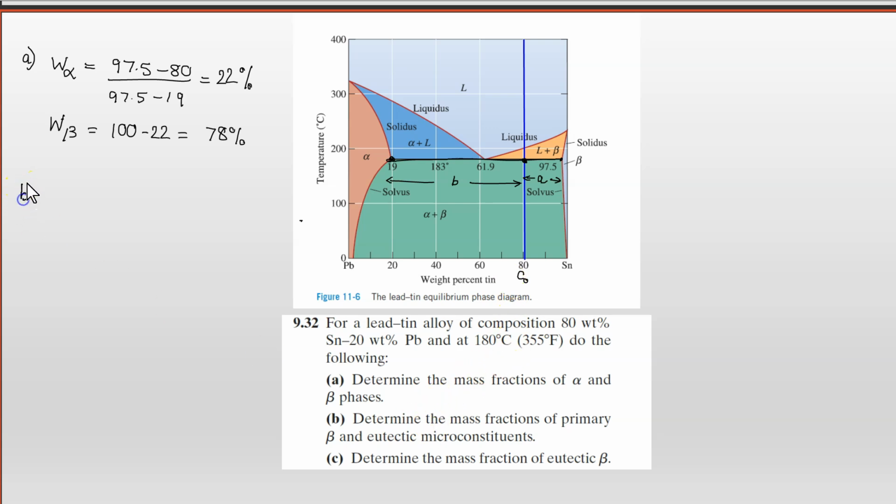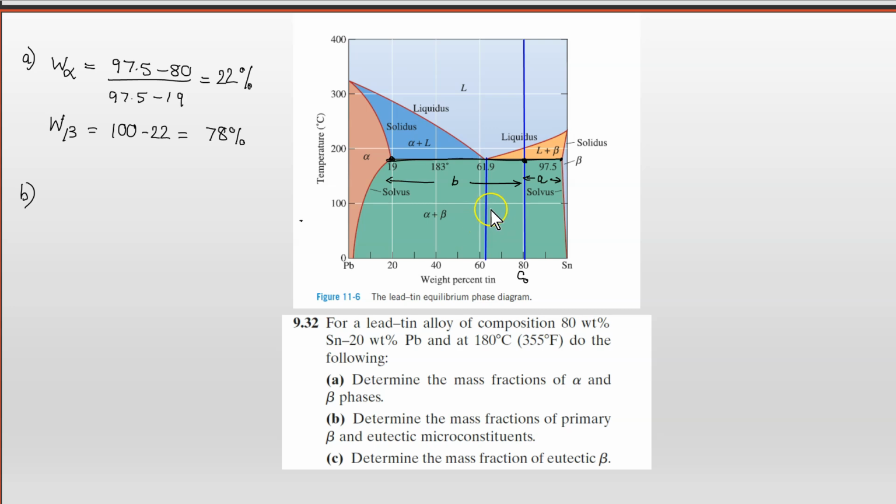Next, it's asking us to determine the mass fractions of primary beta and eutectic microconstituents. In such a case, the composition of our microconstituent is 61.9%.